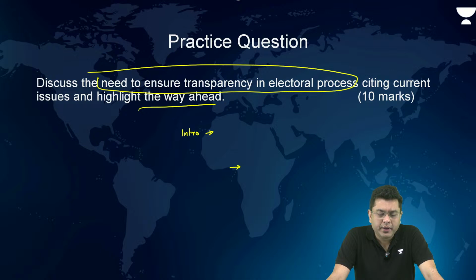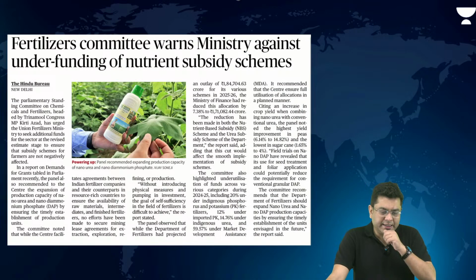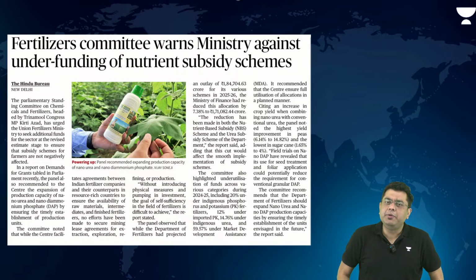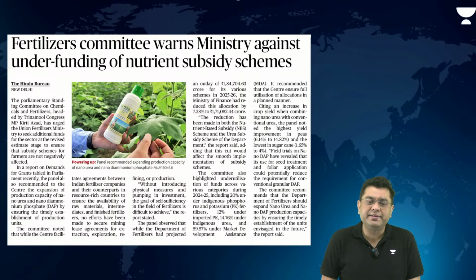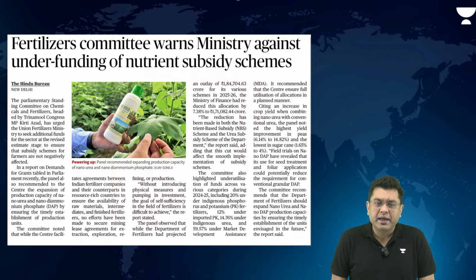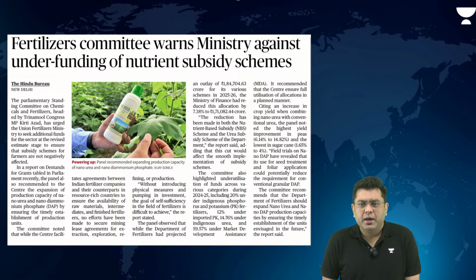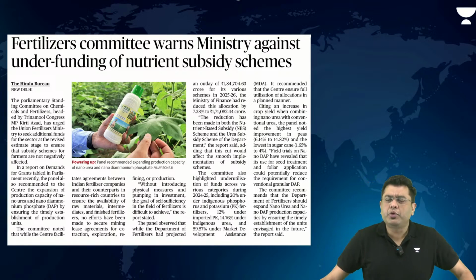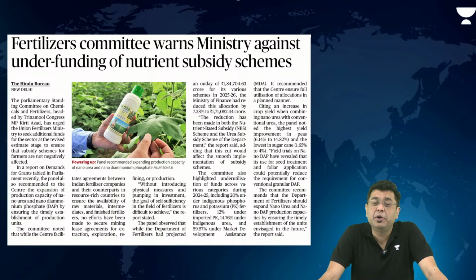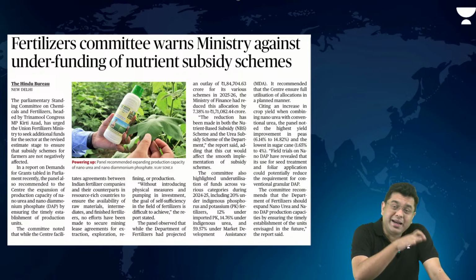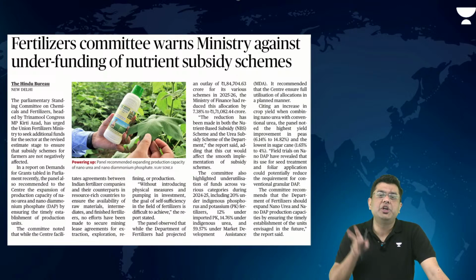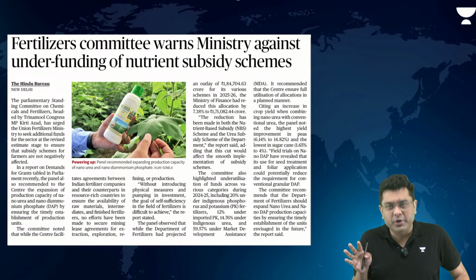Now, after this, we move on to the next article. Fertilizers Committee warns Ministry against the underfunding of nutrient-based subsidy. Can we write about the appointment of Election Commissioner? Rather than writing about the appointment of Election Commissioner, what will be more valuable is talking about the partiality or the perceived partiality of the Election Commission.